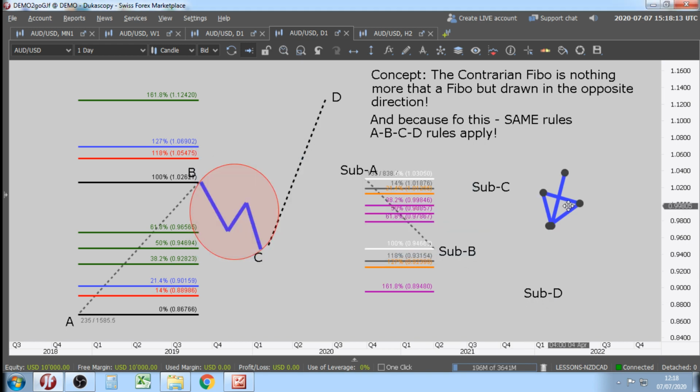Okay, so very slowly, everybody, I'm showing you that I'm going to color code my contrarian Fibonacci with different colors, and name it with different letters. So my original Fibonacci is A, B, C, D. My contrarian Fibonacci is sub A, sub B, sub C, sub D. Okay?